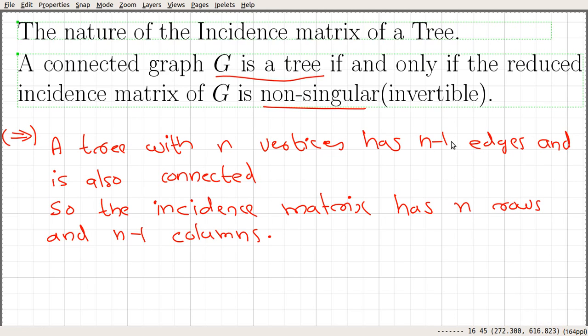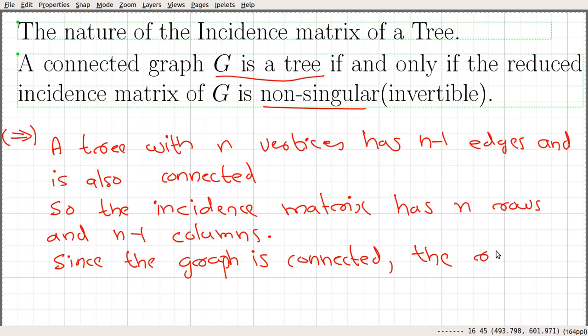Since the graph is connected, the rank of the incident matrix is n minus 1.